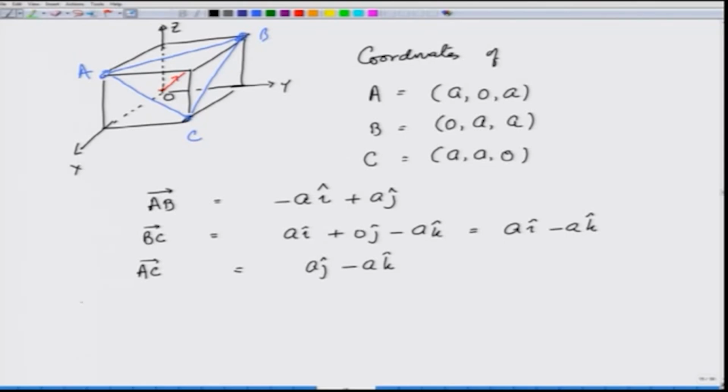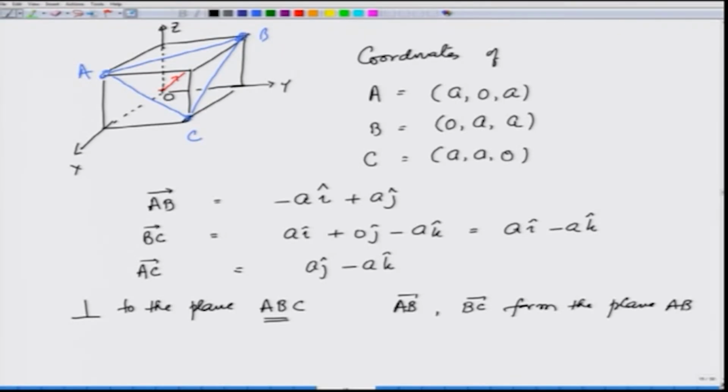Now, the perpendicular to the plane ABC is going to be given by the cross product of any two of these three vectors. Remember, these vectors AB, BC form the plane ABC.